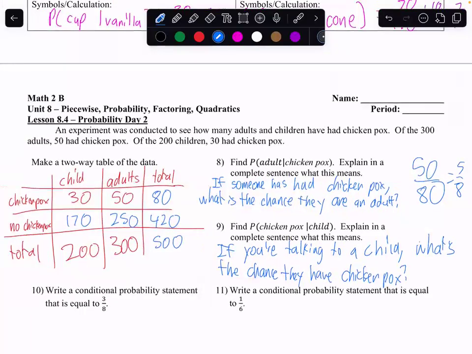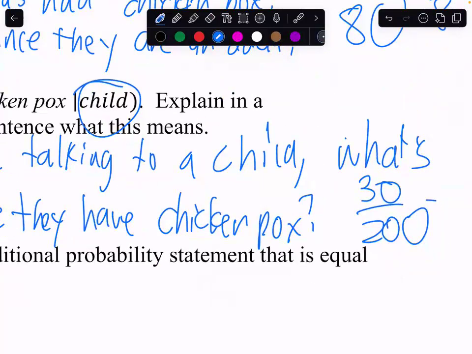So the given is that they're a child, so you're ignoring everything except the children. So 200 total children you could be talking to. Of those 200 children, 30 have had chickenpox. And that one we could reduce to 3 over 20.